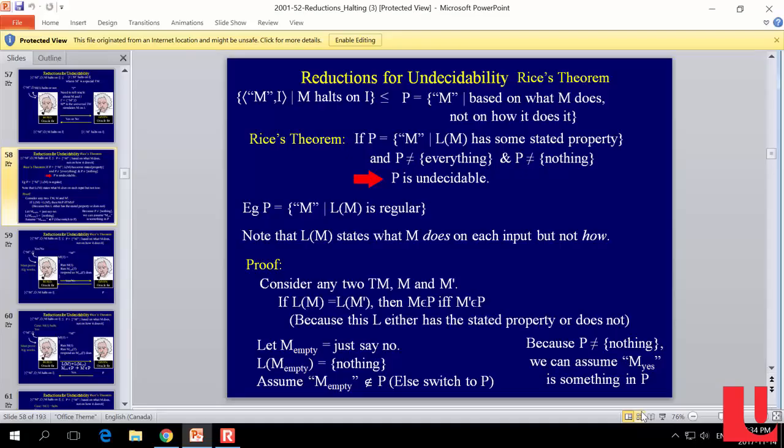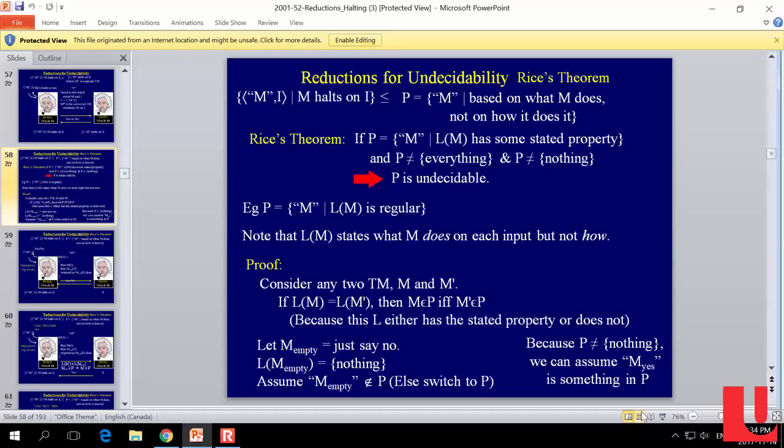Well, you might have to say why. You have to know what Rice's theorem is. I might say, can you use Rice's theorem? And if so, why? You have to say, well, this problem is only talking about the language of the machine, and P isn't always yes and P isn't always no, and hence P is undecidable.